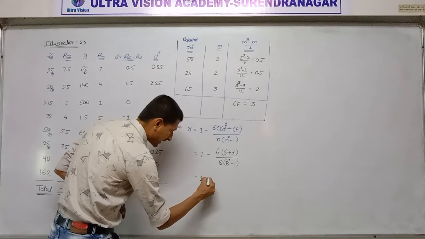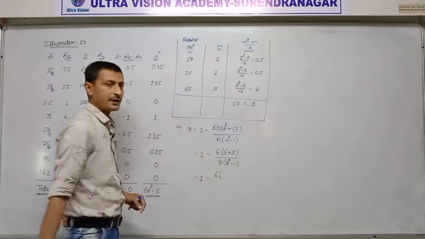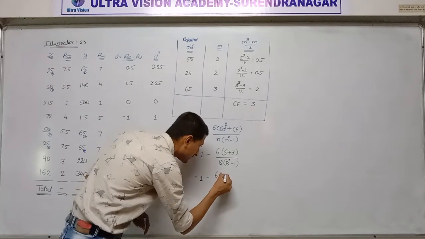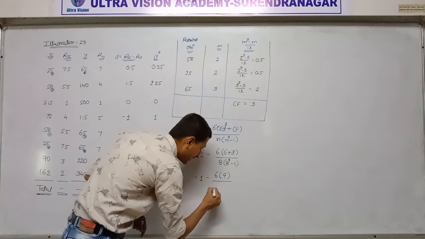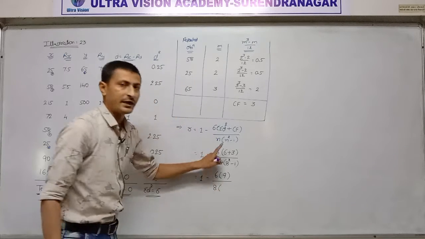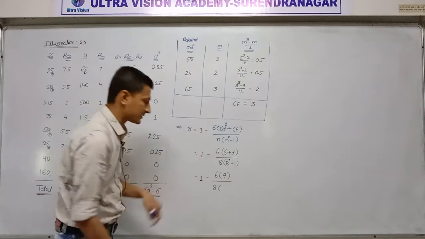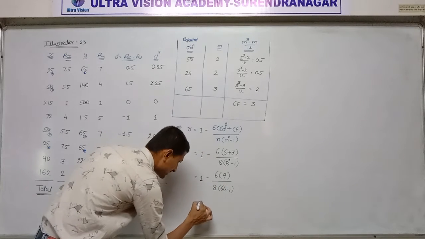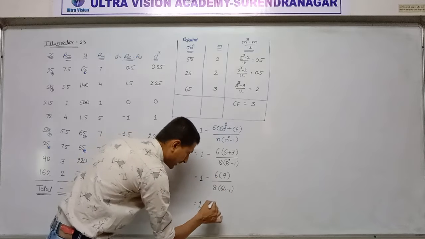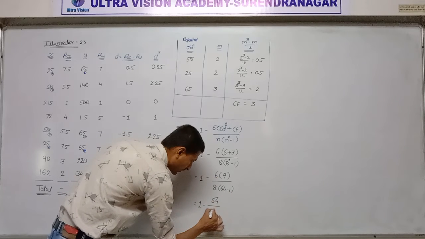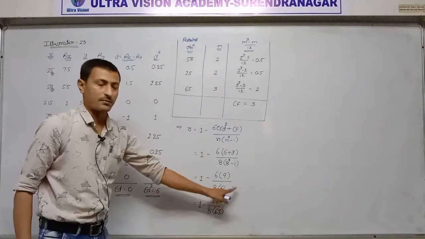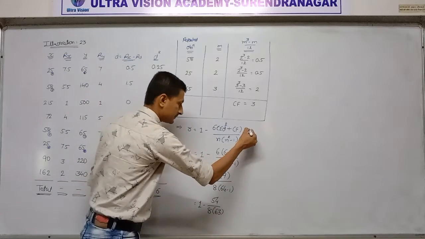First addition: 6 plus 3, 9, divided by 8 in bracket 64 minus 1, 63. 1 minus 6 into 9, 54, divided by 8 into 63.